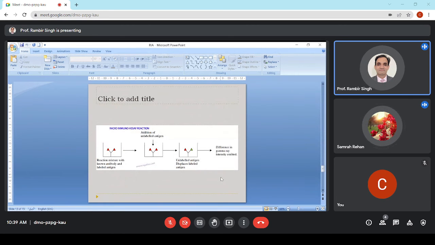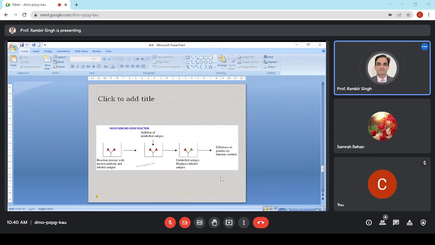What happens is that in the plate we already have an antibody linked with an antigen, and that antigen has radioactivity, meaning it is a radio antigen, a ligand possessing radioactivity. This radioactive molecule generates a stable current.